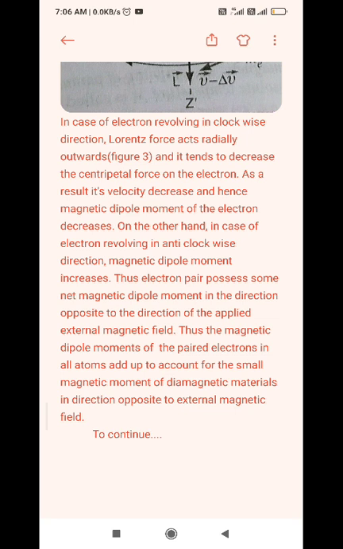And in the anticlockwise case, the velocity is increased and hence the magnetic dipole moment increases. And in a nutshell, the total moment: this material possesses a small net magnetic dipole moment which is opposite to the direction of the applied external magnetic field.